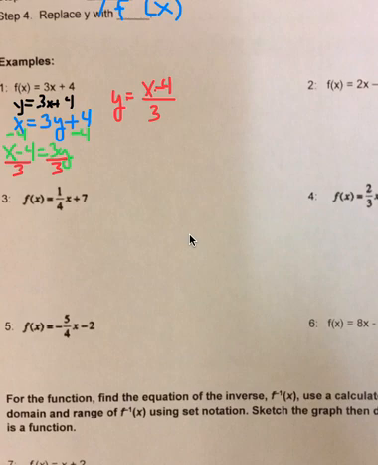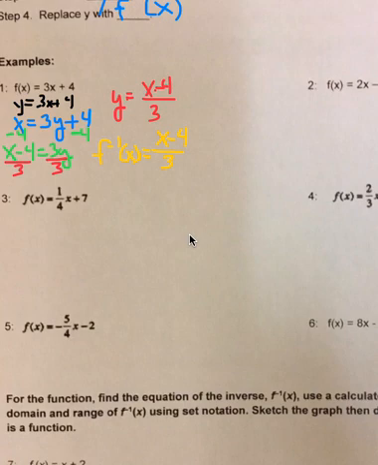And our last step is we say f inverse of x equals x minus 4 over 3.